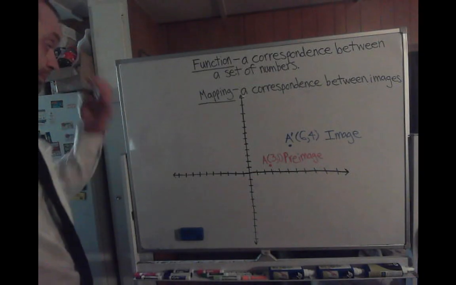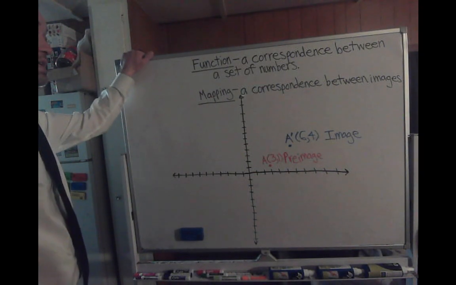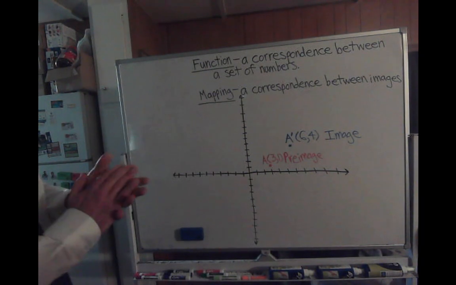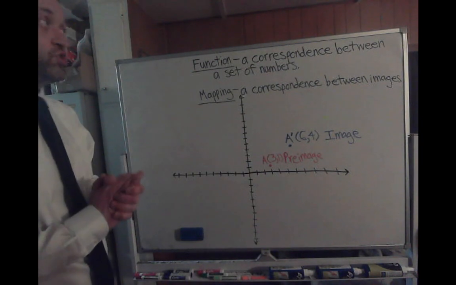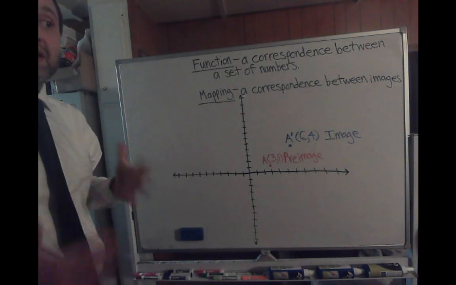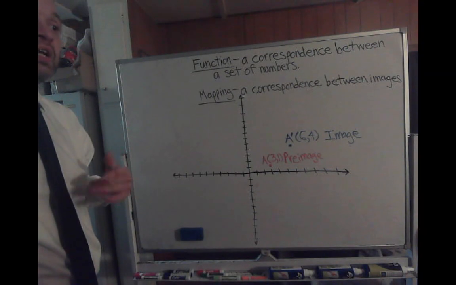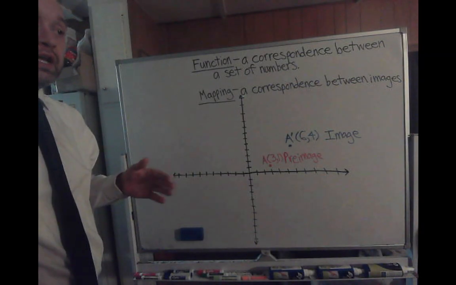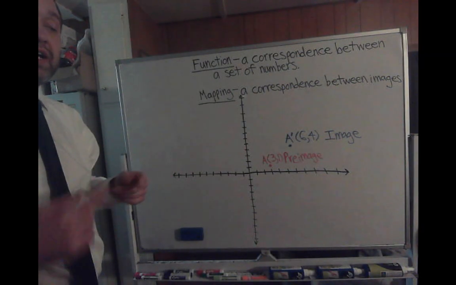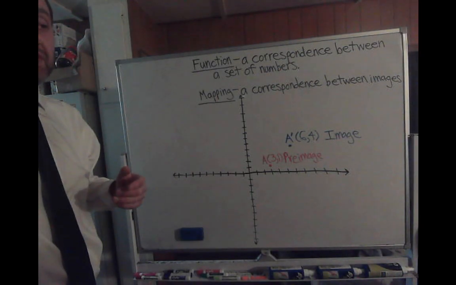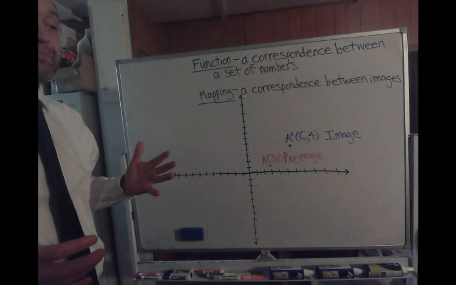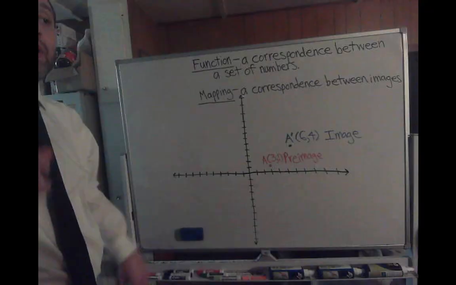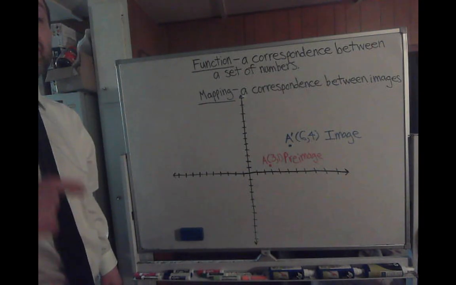Now, this is all going to tie in with talking about functions and mappings. If we recall from algebra, a function is a correspondence between a set of numbers, right? So, of course, in order for an equation to be a function, each member of the domain has to have one and only one number in the range.